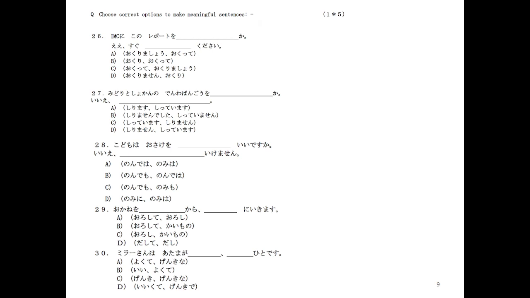Okutte kudasai is in the te form of okurimasu, which is option A. Next is question number 27. Midori Toshokan no denwa bango o dash ka? Iie dash. What is going to come here? The correct answer is shitte imasu ka? Iie shirimasen, which is option C.